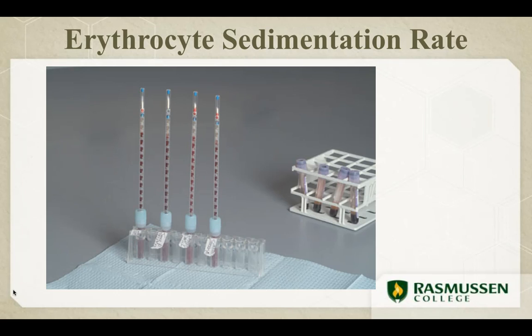Now, this also evaluates the red blood cells, but more specifically, it determines the rate at which red blood cells will settle at the bottom of a tube. When drawing a patient's ESR, this can be done by either using a Wintrobe or Westergren method. The normal ESR for an adult female is 0 to 20 millimeters per hour, and in an adult male, it's 0 to 9 millimeters per hour.